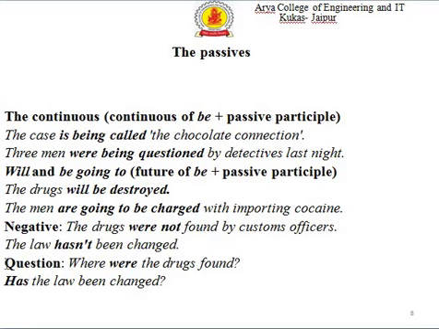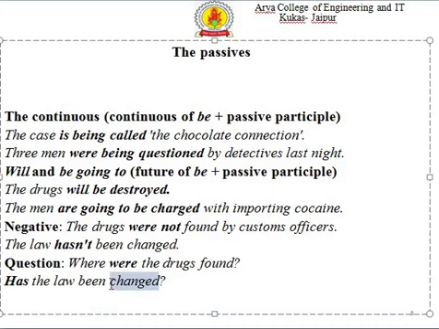If it is an interrogative sentence, the passive will be: where were the drugs found? Or see the interrogative again: has the law been changed? So we always see the main verbs taking past participle form. So this is a present perfect sentence.